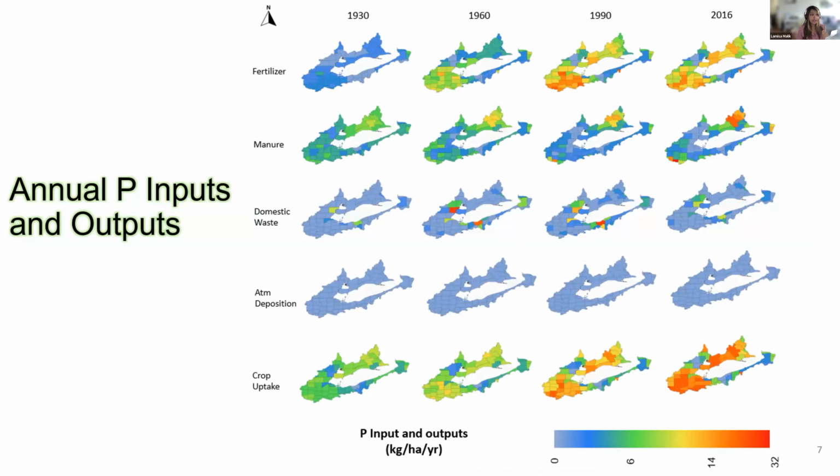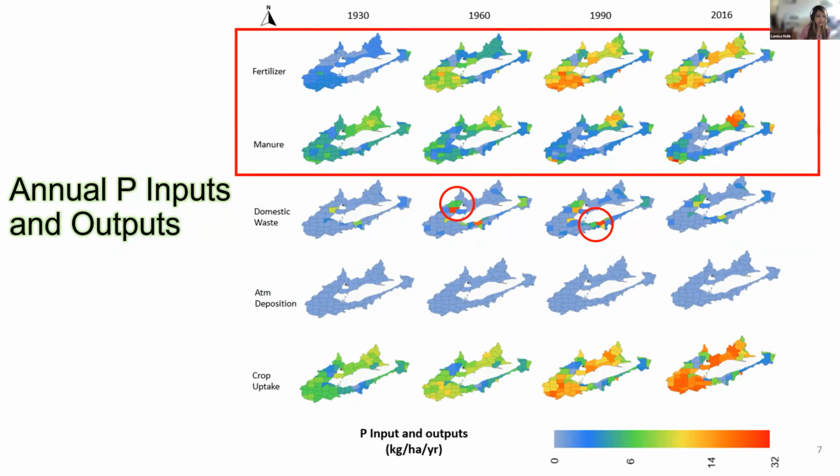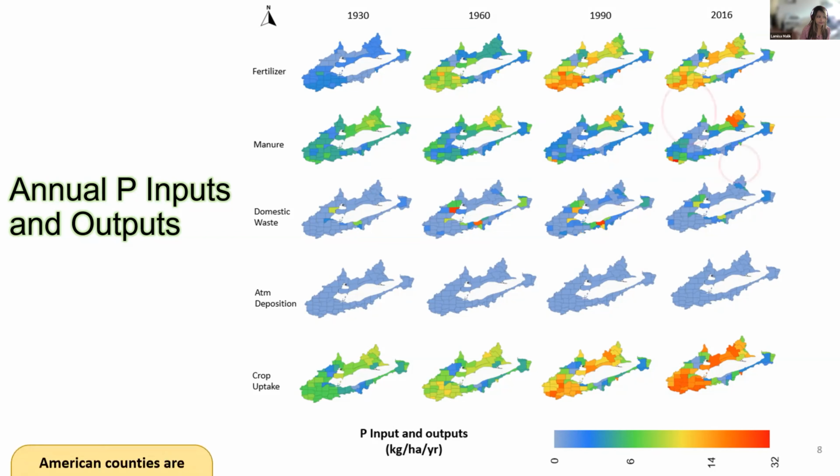So we developed 86 years of mass balance studies for counties in the Lake Erie Basin, from 1930 to 2016. The mass balance revealed that inputs to the Lake Erie Basin have been increasing over the years. The warmer color here represents higher magnitude. Lake Erie Basin inputs are dominated by fertilizer and manure in agricultural areas and by domestic wastes in urban regions near Detroit and Cleveland.